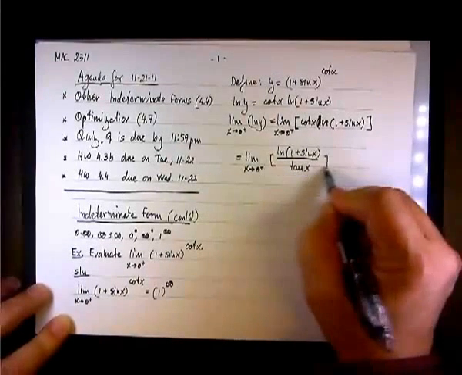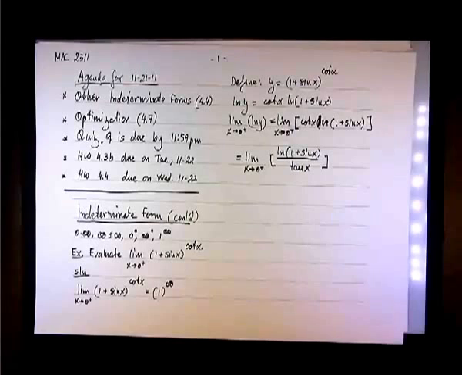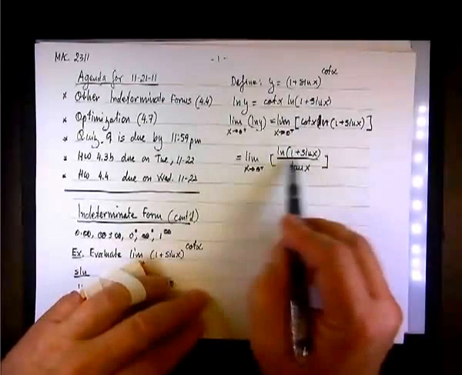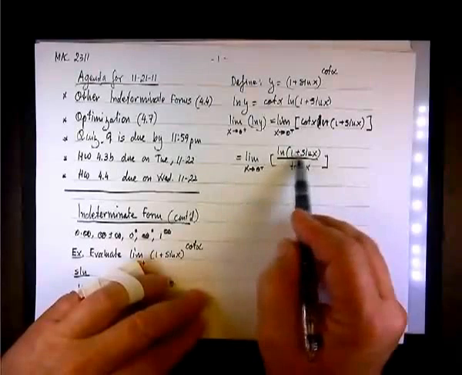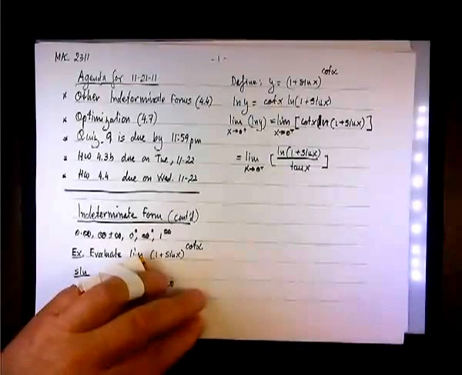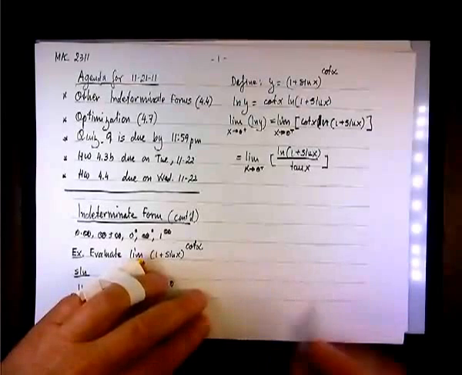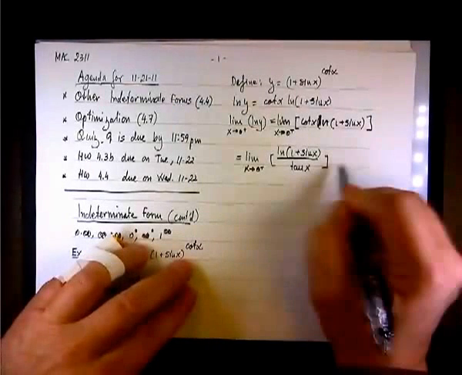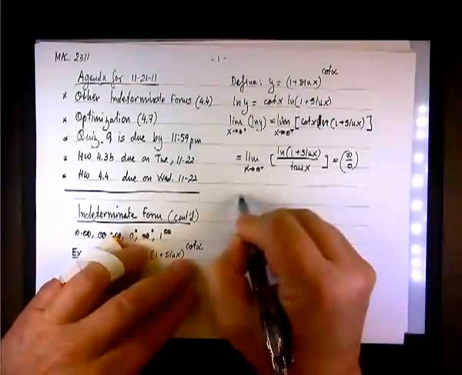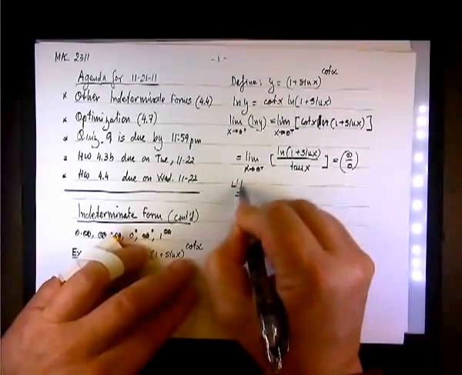And now let's see, are we qualified for L'Hopital here or not? On top we have natural log of 1, which is 0. At the bottom, tangent of 0 is also 0. So this is good. We are qualified for L'Hopital. This is 0 over 0, and therefore we can apply L'Hopital.